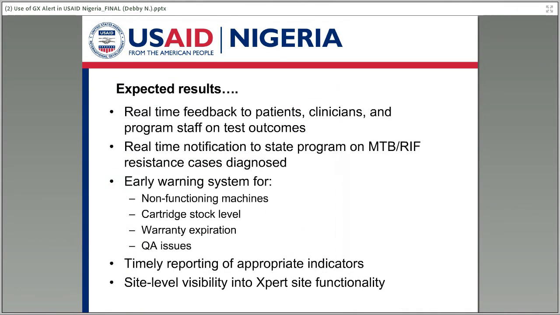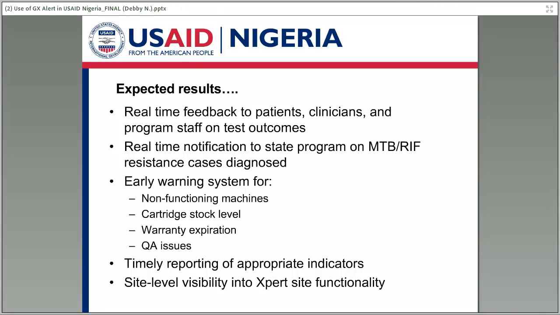The expected results of this connectivity were real-time feedback to patients, clinicians, and program staff on test outcomes, essentially for MDR diagnosis. Then real-time notification to the state program, like I said, on MDR, and an early warning system for non-functioning machines, cartridge stock levels, warranty expirations, and QA issues.